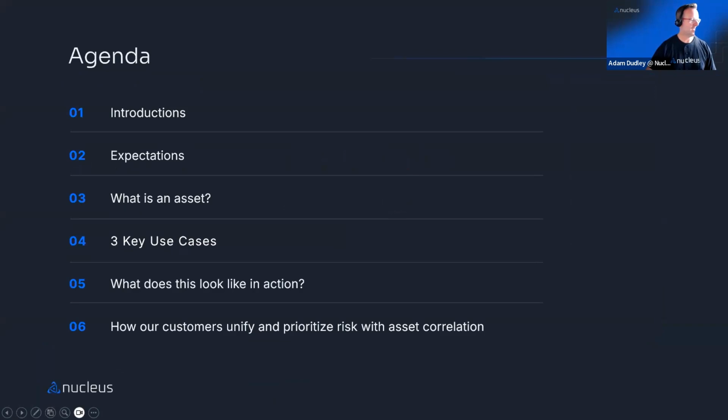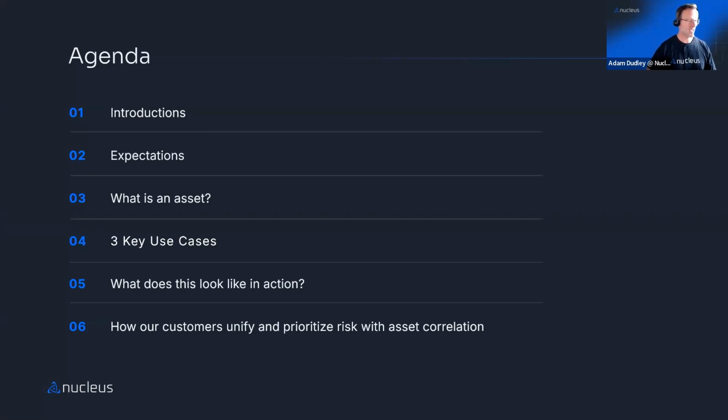Quick look at our agenda here. Aaron and myself will quickly introduce ourselves. You're probably not familiar with us unless you have worked with A2 on the sales side. We'll set some expectations, what you can hope to walk away from with this webinar. We'll level set with some context about what we mean when we talk about, what is an asset.